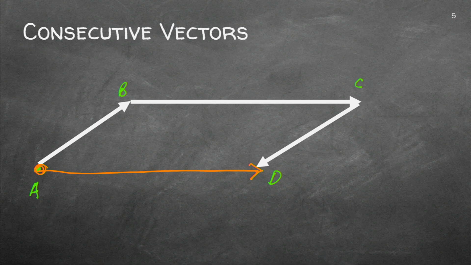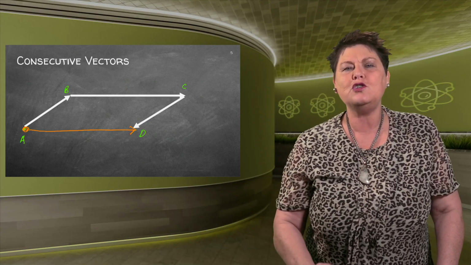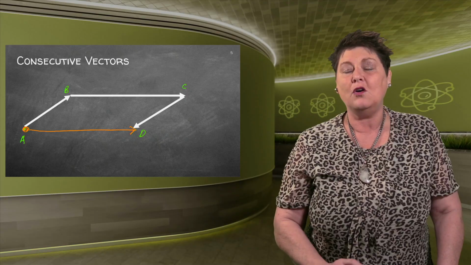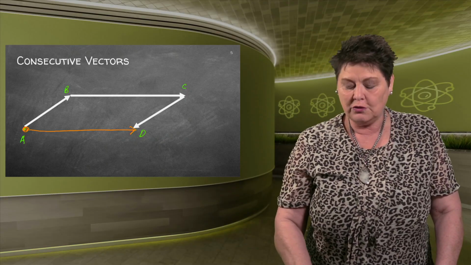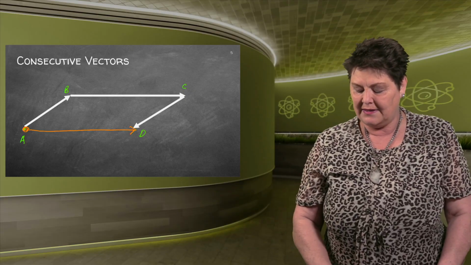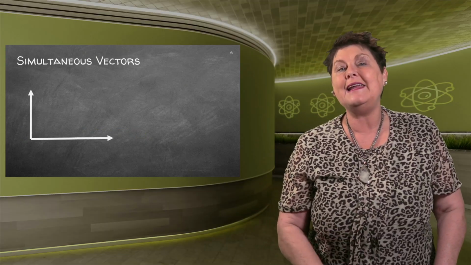Why don't we work graphically all the time? Because it takes a lot of time. So you'll usually use your mathematics and all the geometry and all the trigonometry that you've learned to find the resultant AD.